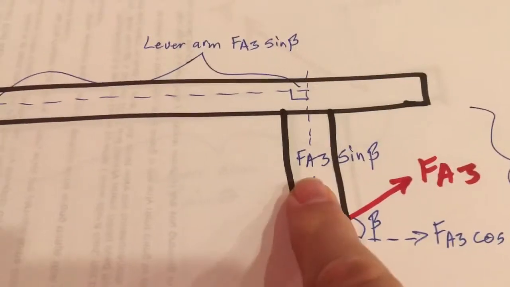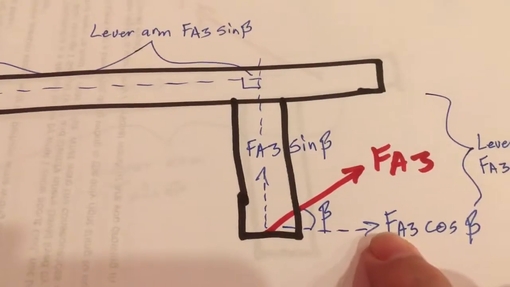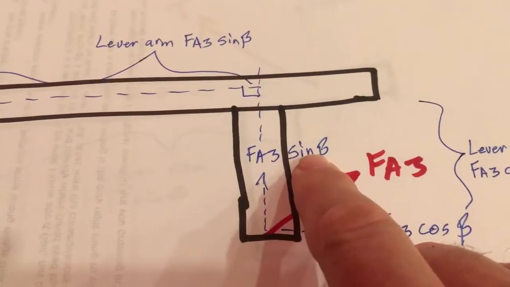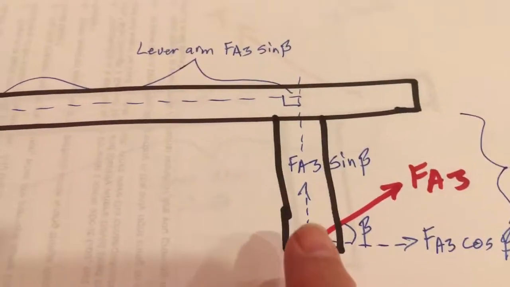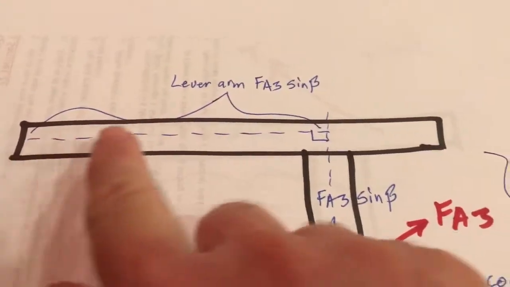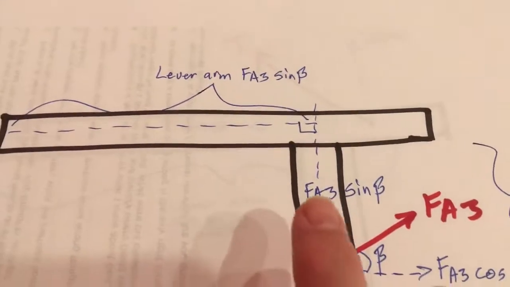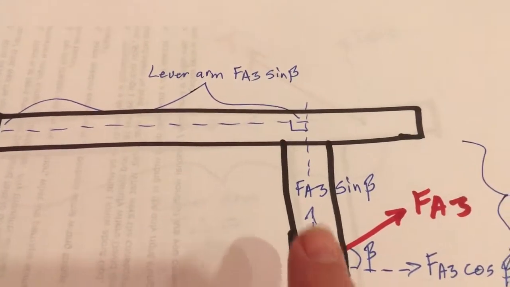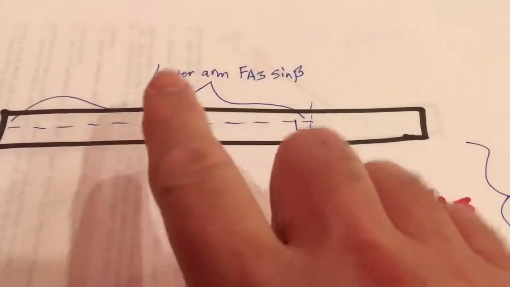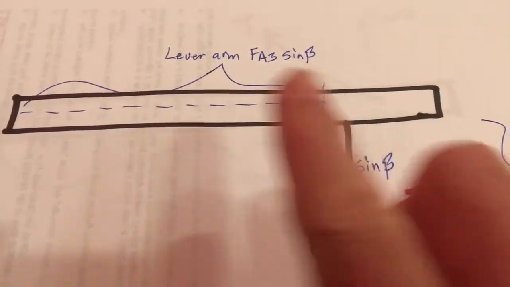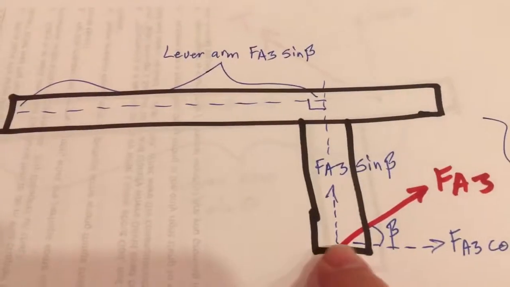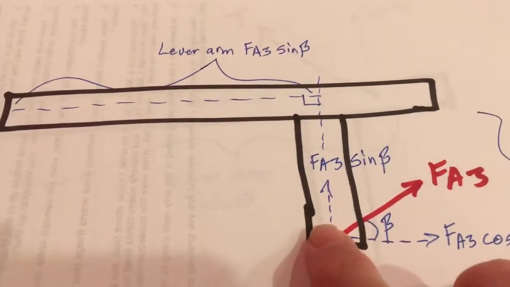So that's your y component, and that's your x component. Sine of beta is the y, cosine beta is the x. All right, so see here, this perpendicular distance here is what FA3 sine beta is pushing against. Okay, so that's the lever arm for that force. So I just wanted to give you a better illustration here, because it's actually pulling from that point there.